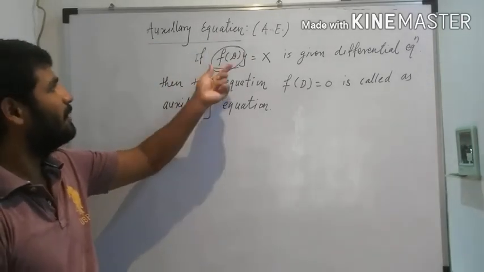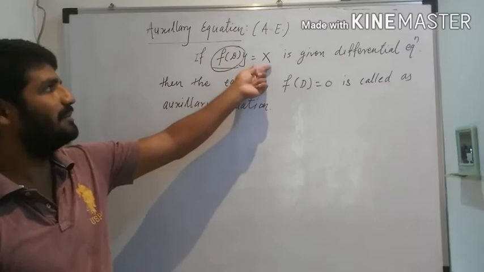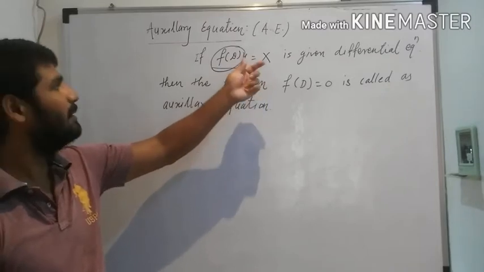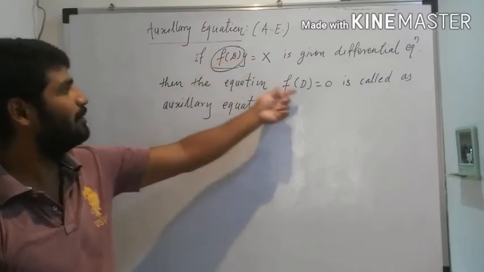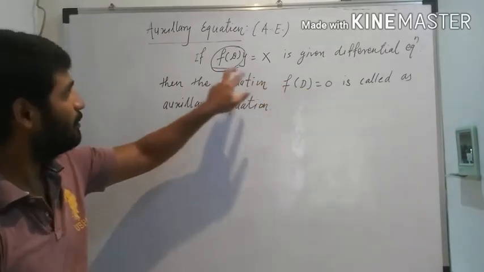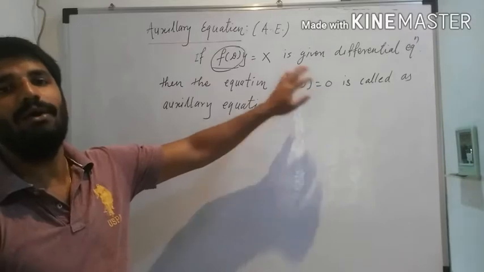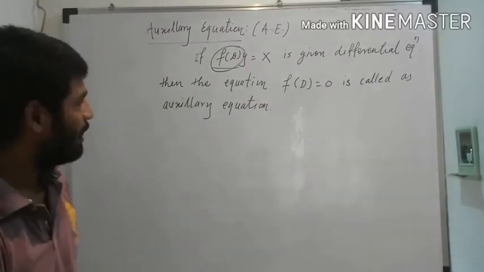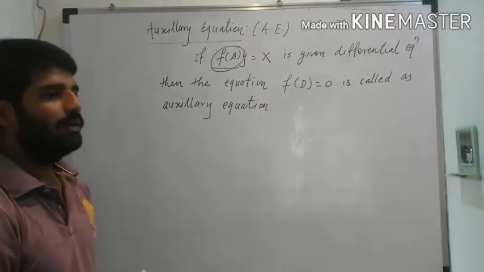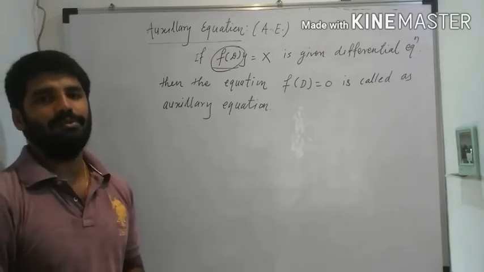Auxiliary equation means what? If f of D into y is equal to capital X is your given differential equation, then we have to equate only f of D, that is the coefficient of y, equal to 0, and we call it the auxiliary equation.